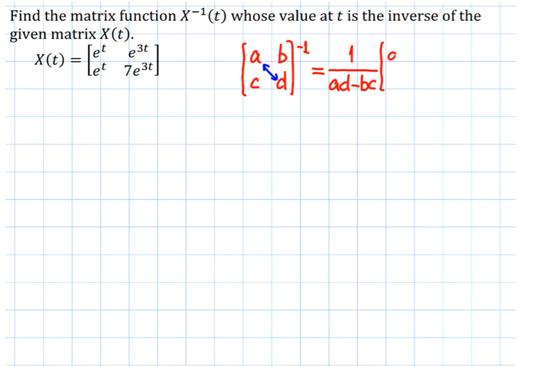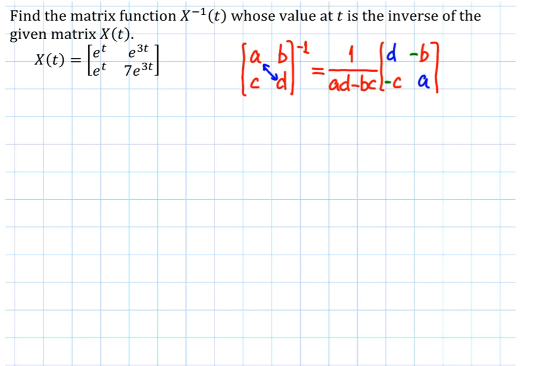So D goes there, and A goes there. D and A. And the other two will negate. They will stay in the same position. So negative B and negative C.